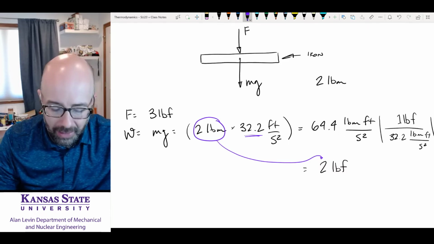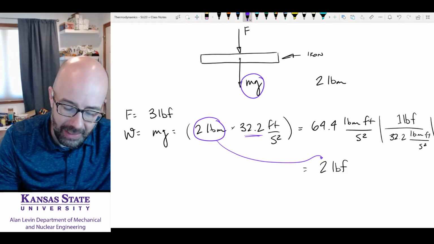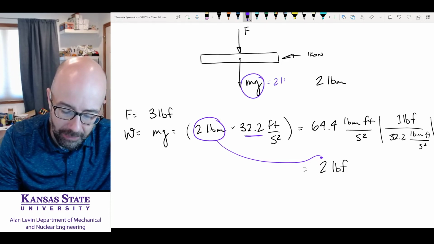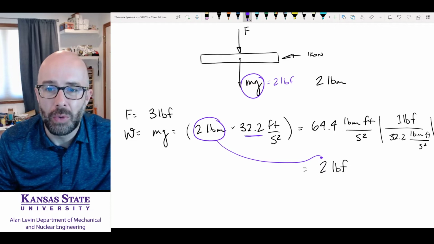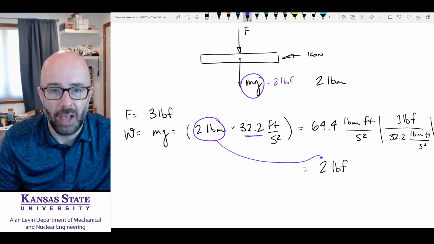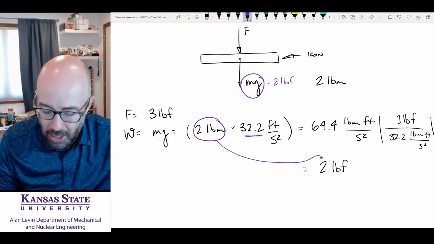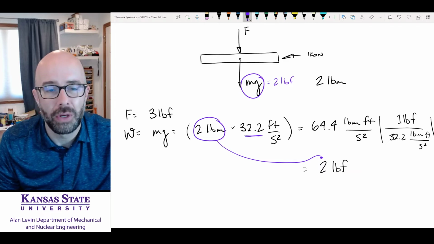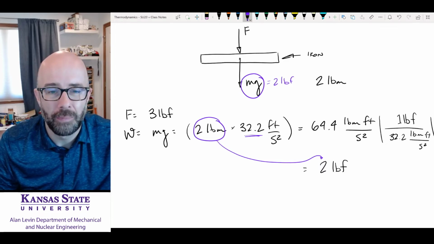Either you look at this and say this mg is equal to 2 pounds force, or what I would ask you to do is go through this entire conversion process, and whenever you see pounds mass, you convert it back to pounds force.